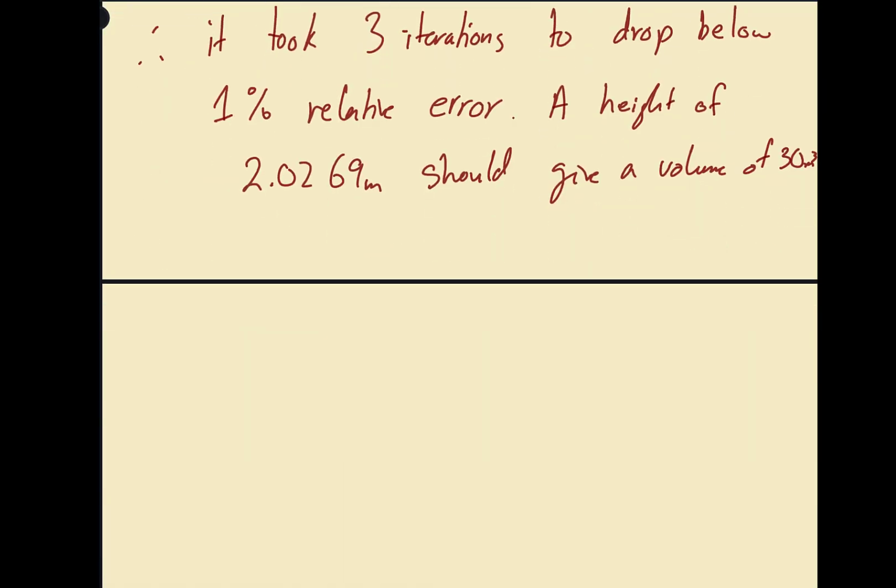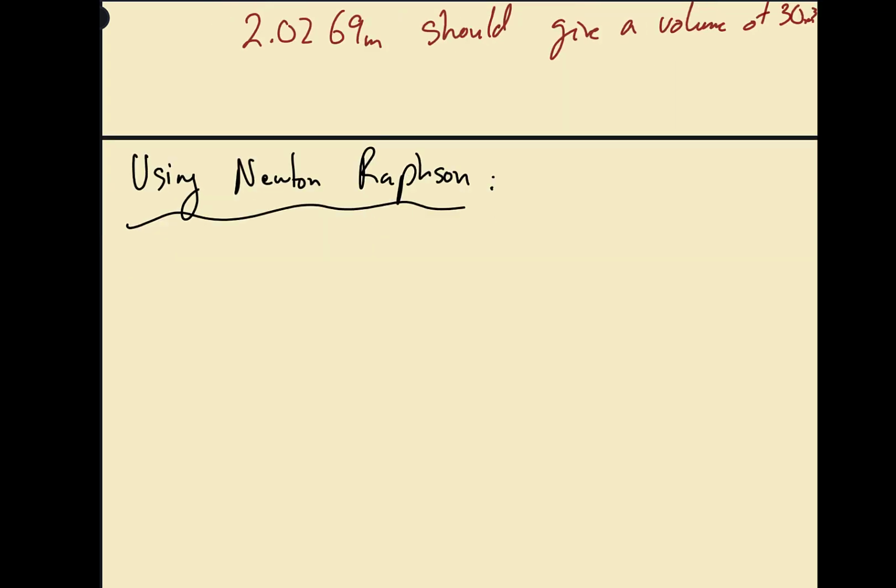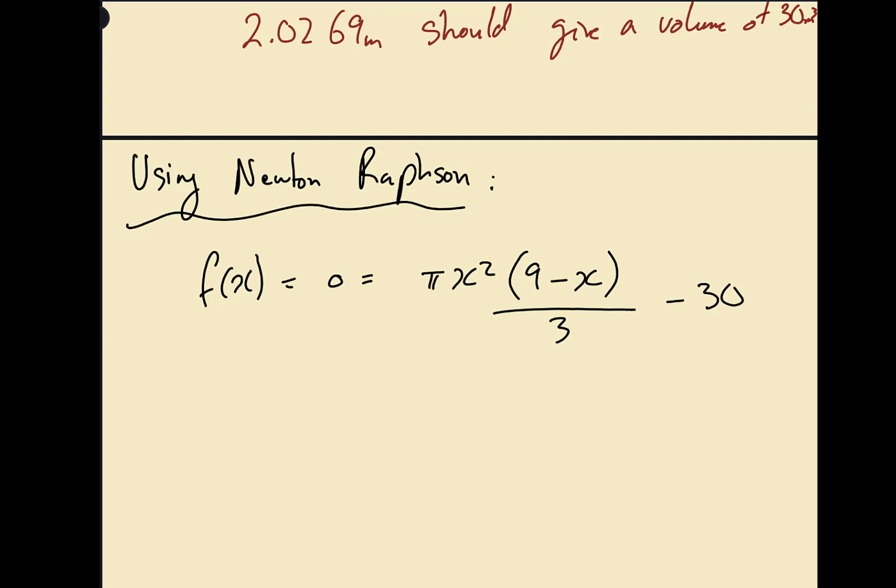So using Newton-Raphson, the function f of x is pi x squared times (3 times 3, which is 9, minus x) divided by 3, minus 30. So that was the function that we came up with in the beginning, where we're trying to solve for the root.